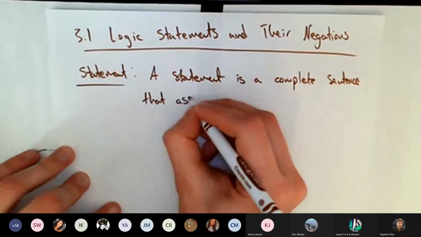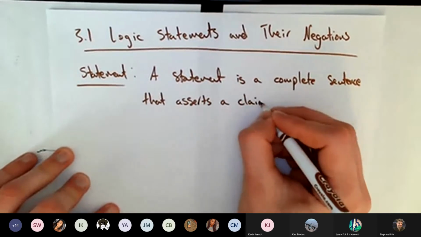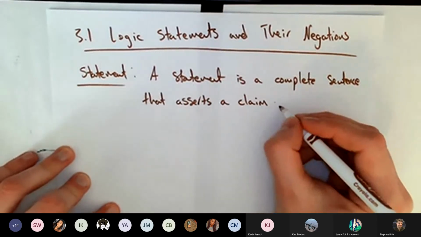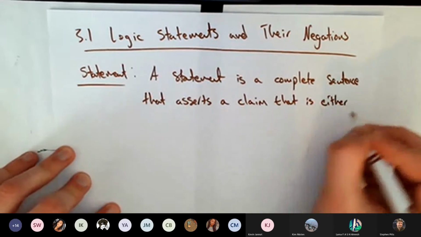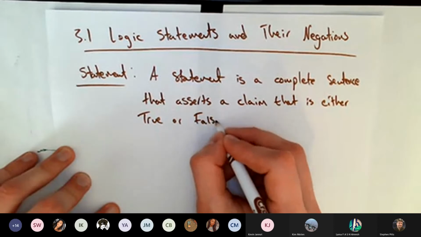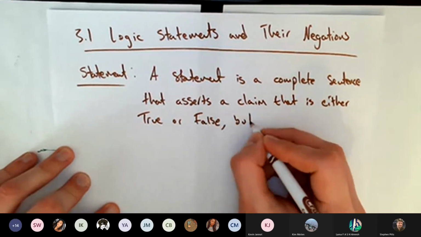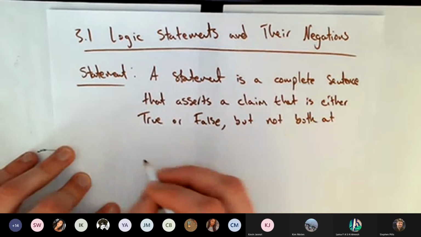I'll say this is coming from the text, that asserts a claim that is either true or false. A claim that is either true or false, but not both at the same time. Okay.